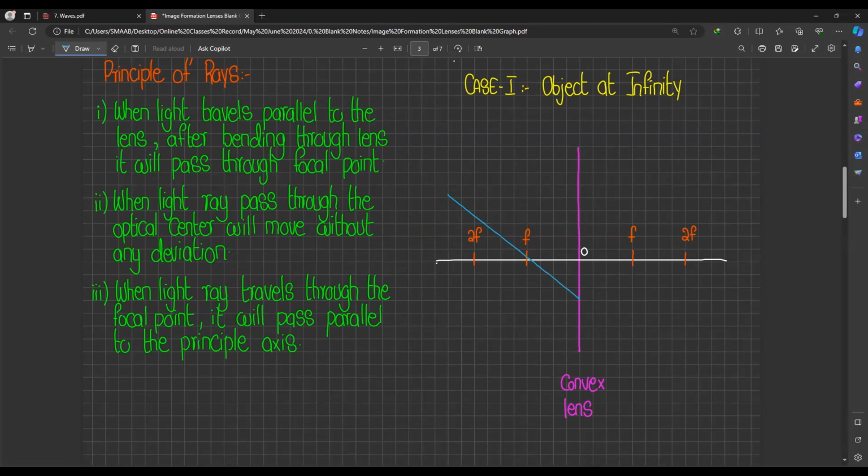After passing through principal focus, in which direction will this light ray move? According to the principle, when light ray travels through principal focus, after passing through it, in which direction will light ray deviate?